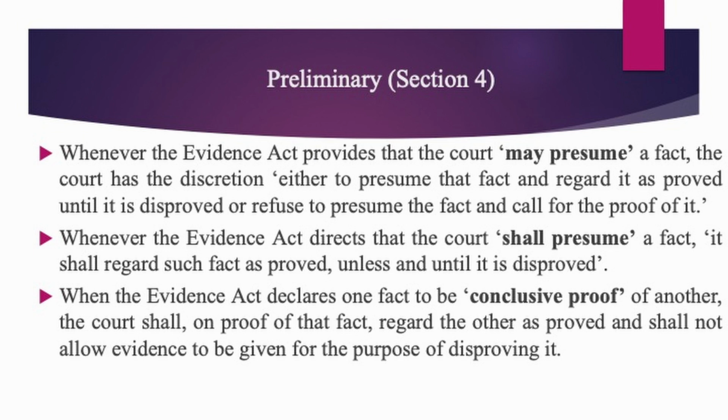The court shall not permit any kind of evidence for the purpose of disproving the fact that they cease to be husband and wife from the date of the divorce decree. The divorce decree is regarded as conclusive proof of the fact that the marital tie between them is snapped.